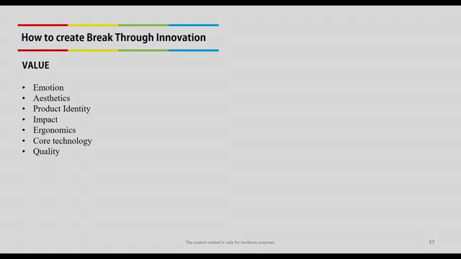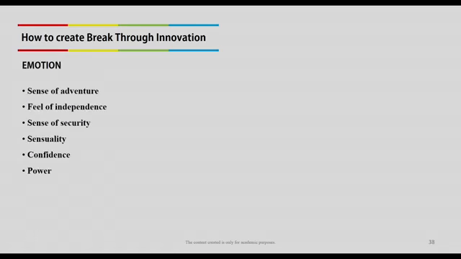So, if we would like to add value to a product, we have to add emotion, aesthetics, product identity, impact, ergonomics, core technology and quality. The emotional contribution defines the fantasy aspect of the product.